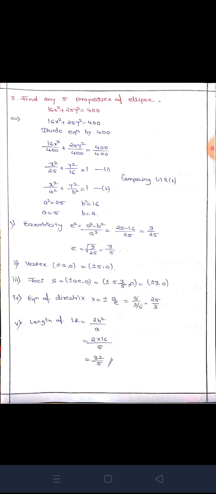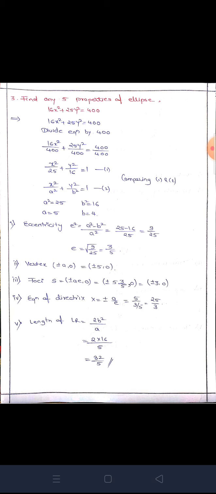How to make the RHS equal to 1? Divide the whole equation by 400. So it becomes 16x square divided by 400 plus 25y square divided by 400 is equal to 400 divided by 400. So what you will get? x square divided by 25 plus y square divided by 16 is equal to 1.